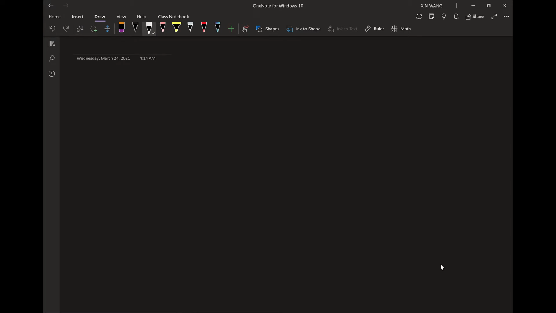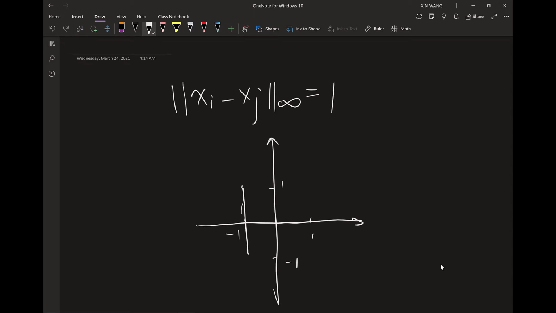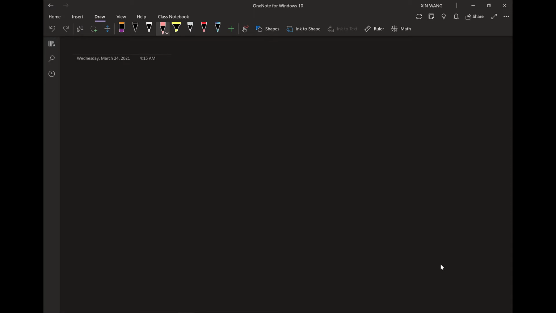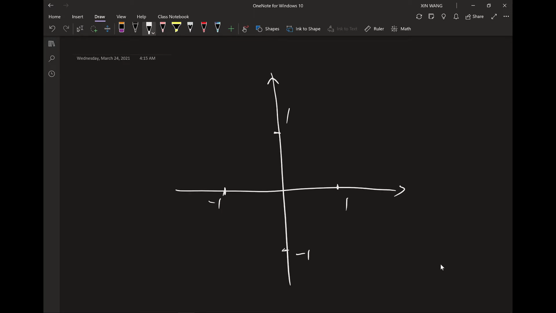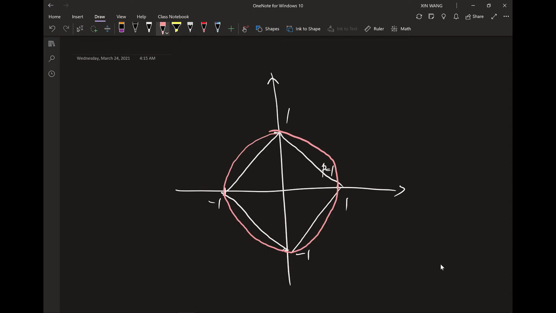For the infinity norm, this also gives us a square, but this square is bounded by 1, so if the norm is smaller than or equal to 1, this gives us the area here. If we combine all three measures together, the one norm is the smallest area, then the two norm is the circle, and then the infinity norm is outside.